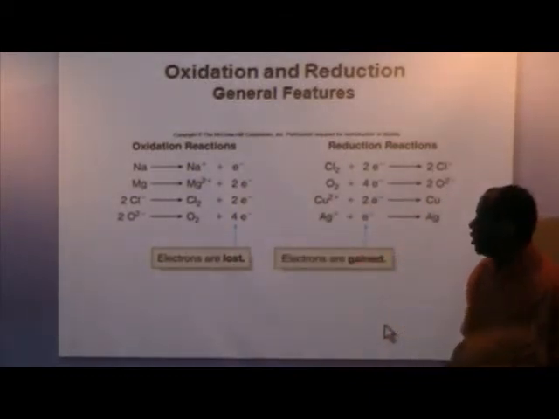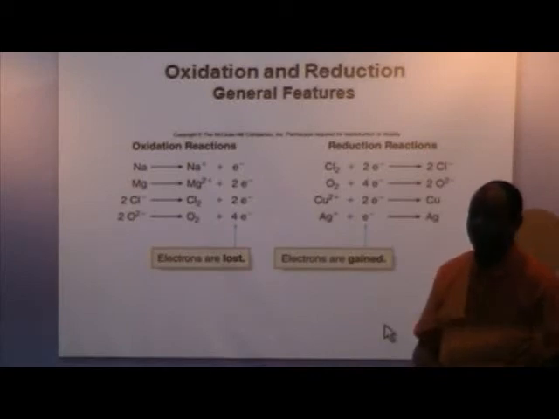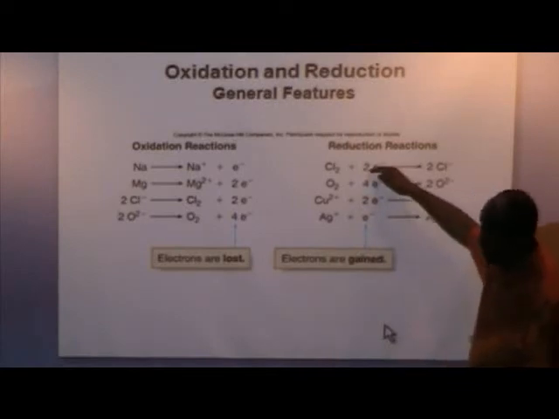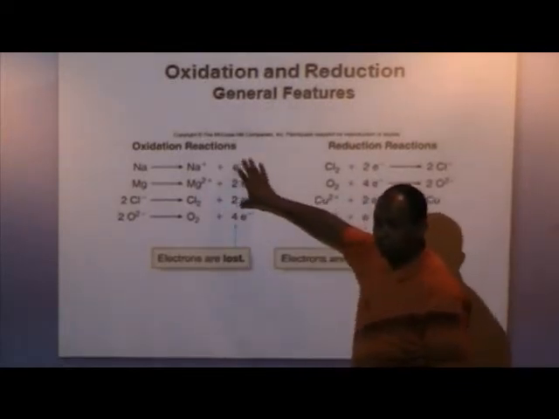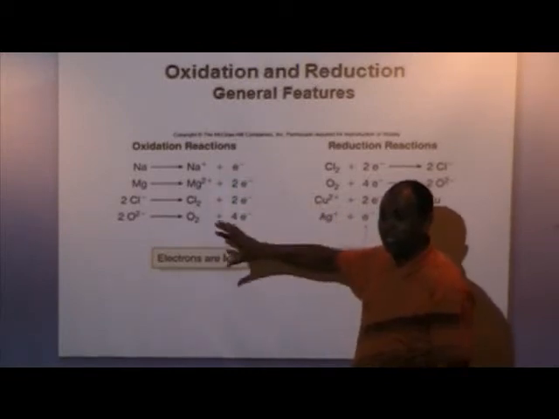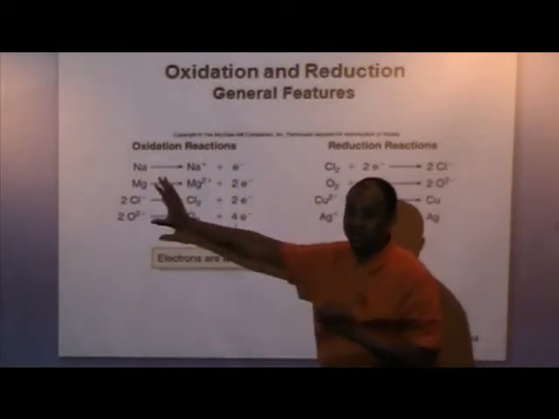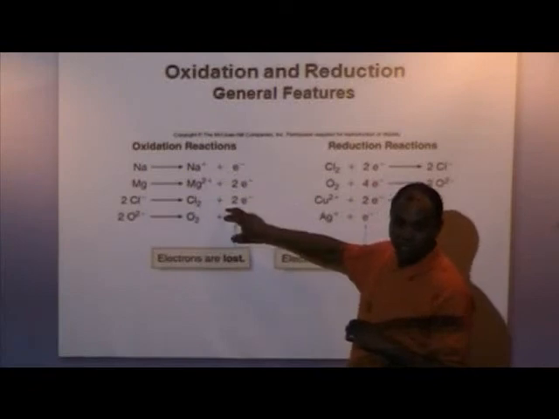So oxidation, is it endothermic or exothermic? Exothermic. Reduction, is it endothermic or exothermic? Endothermic. Reduction, gaining of electron to the reactant side. Oxidation gives away electron, just like an exothermic reaction gives away heat. So this is like oxidation.